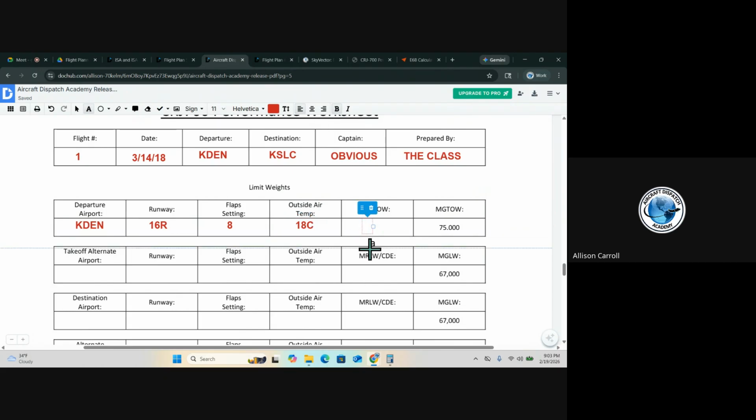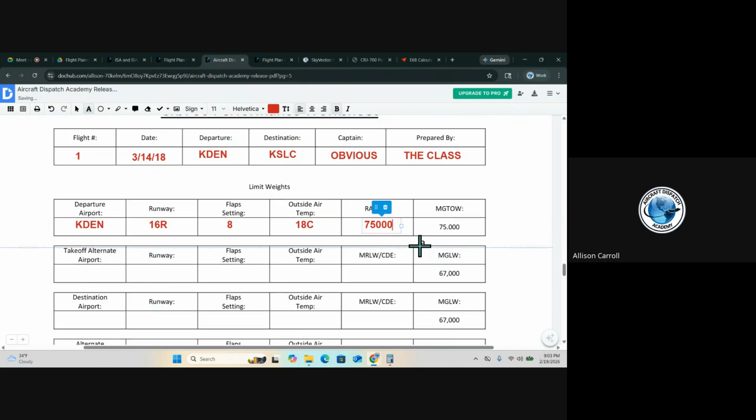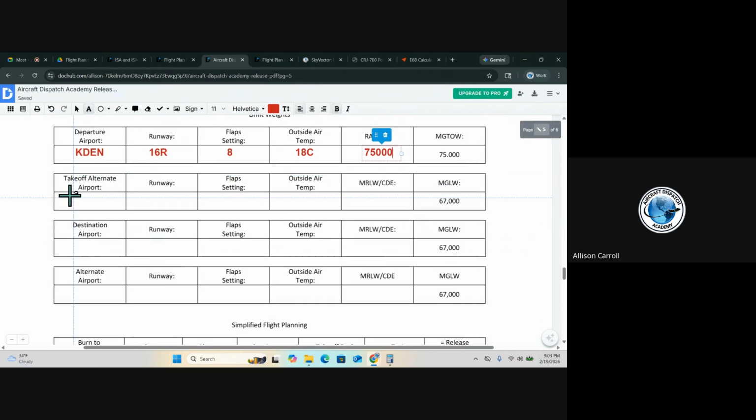We don't make you go into the spaghetti charts to figure out your actual takeoff weight with all these little different things included. This is just going to be your max takeoff weight. Okay, so 75,000. This next line is for takeoff alternate airport. We don't have a takeoff alternate, so we don't need to fill this out.